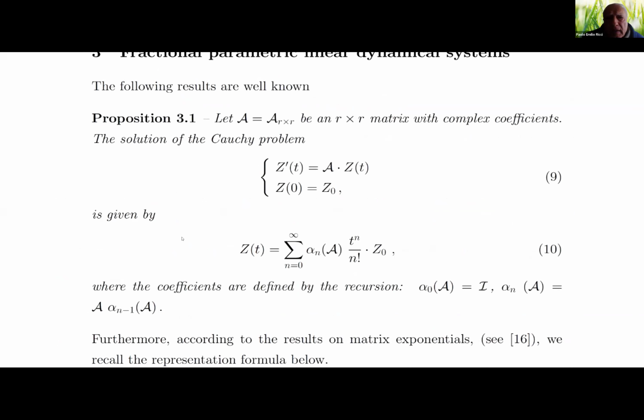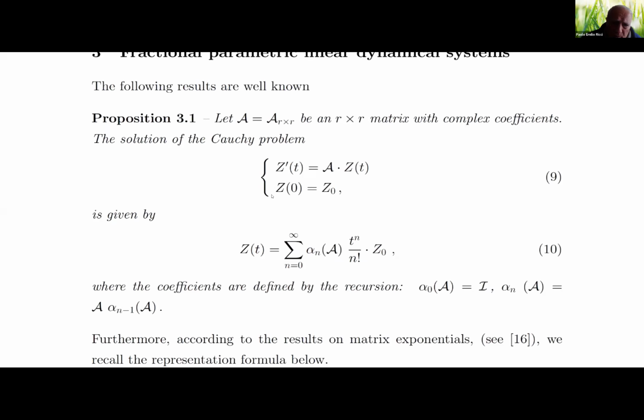The application of this generalized operator to the classical case is like this. This is the classical result using the ordinary derivative. If you have a matrix A, r by r, and you consider this evolution problem, the derivative is the matrix times zeta. It is a system, of course, because this is a matrix.